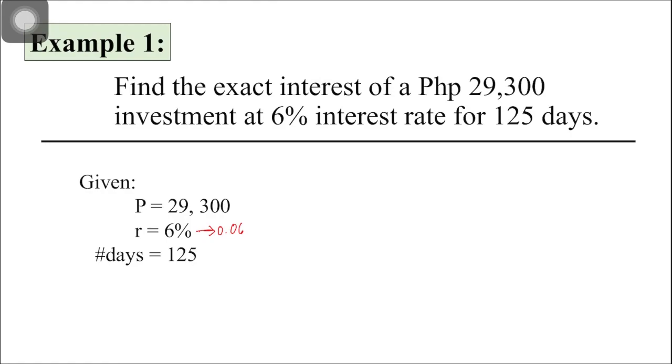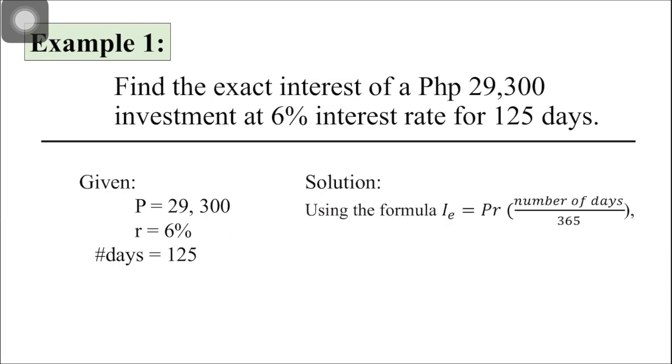So, solution. Using the formula in getting the exact interest, I sub E is equal to PR times the number of days over 365.